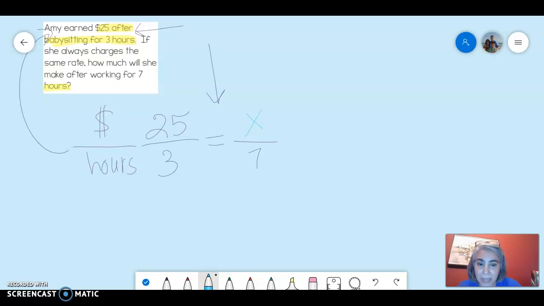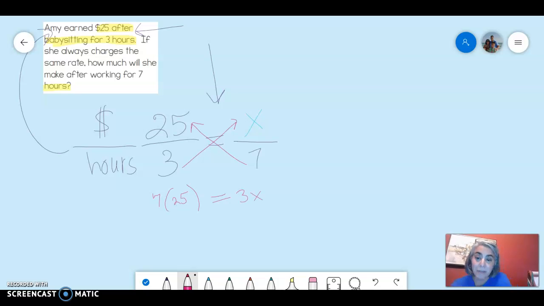So here is where we begin the solving process. It's a very simple solving process: cross multiply and divide. I think I'm going to switch over to hot pink, and I'm going to start by showing you the cross multiplication. So it says 7 times 25, and that is equivalent to the product of 3 times x, which just looks like 3x.